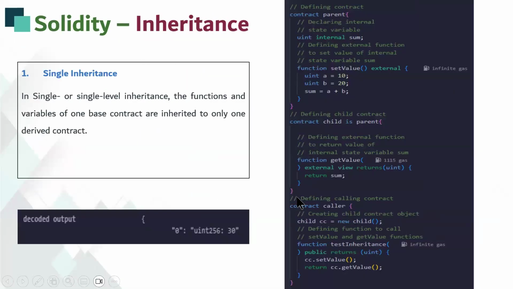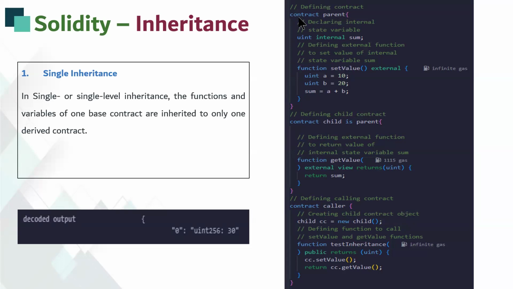Let's talk about the first type, which is single inheritance. In this type, the functions and variables from one base contract are inherited into a single derived contract. This code demonstrates the concept of single inheritance. Let's break down the code and explain each part, then we will apply it in the IDE.